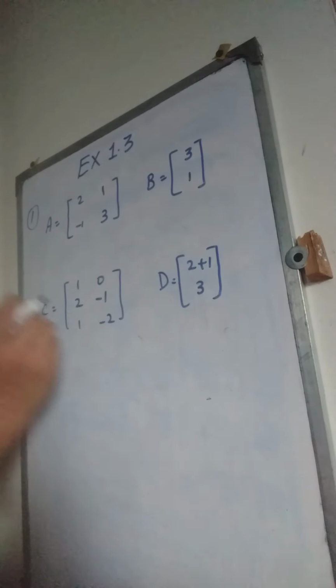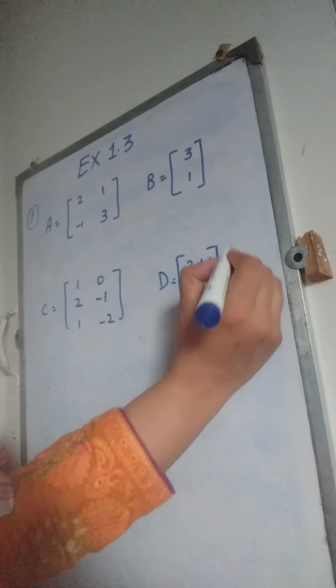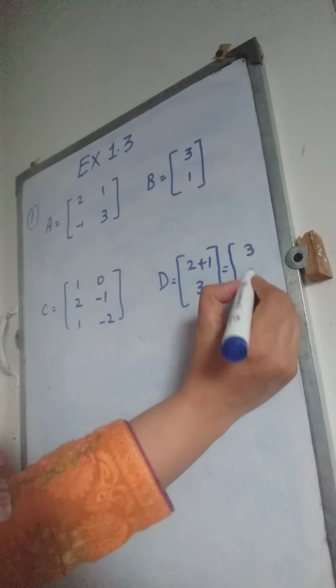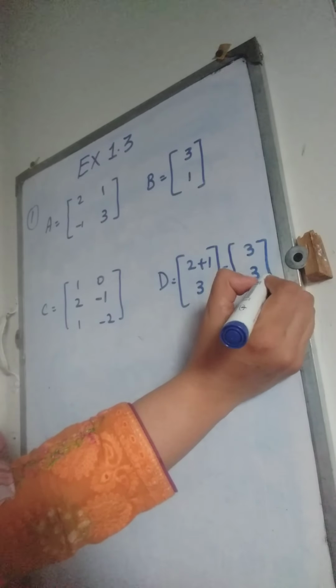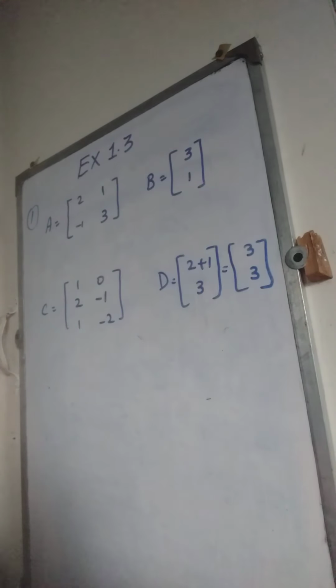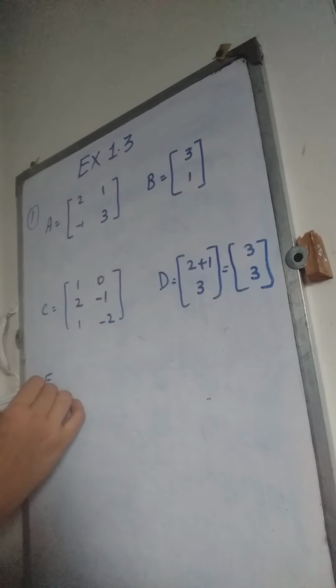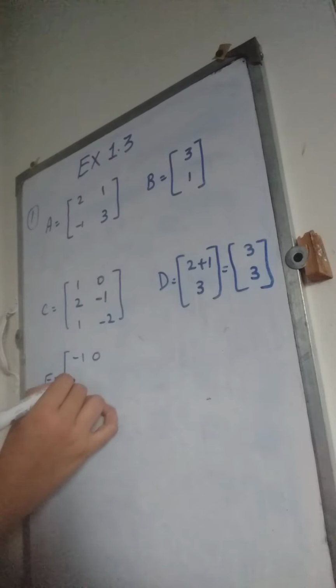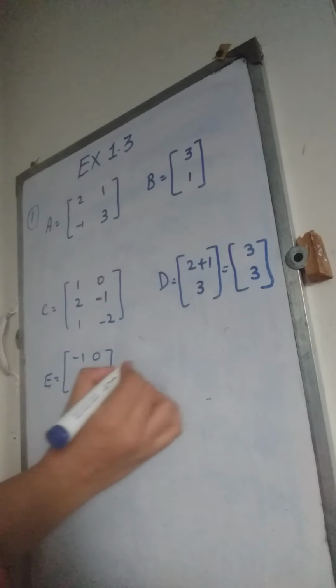Okay. We can write it as 3, 3. Matrix E is -1, 0, 1 and 2.